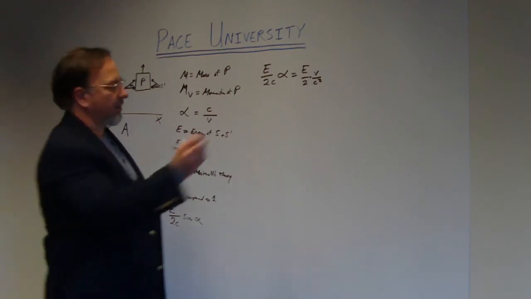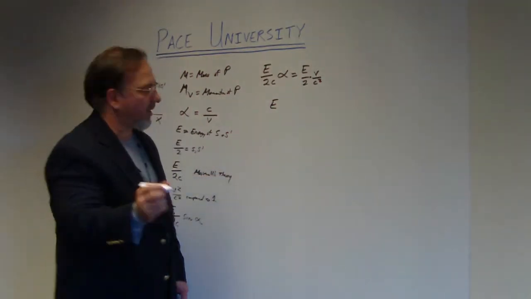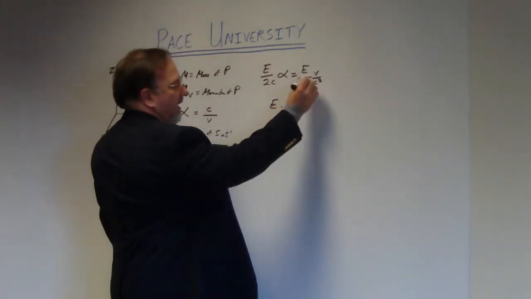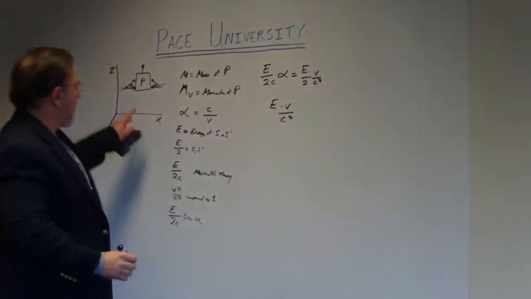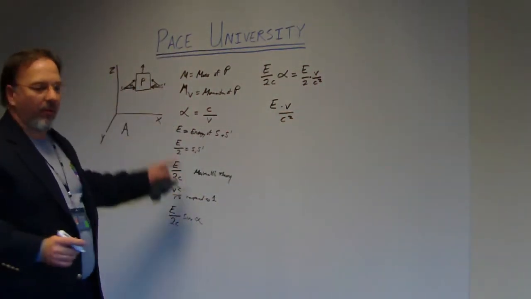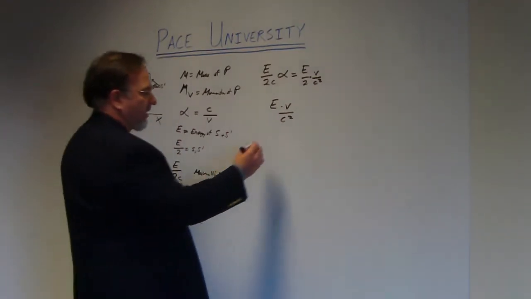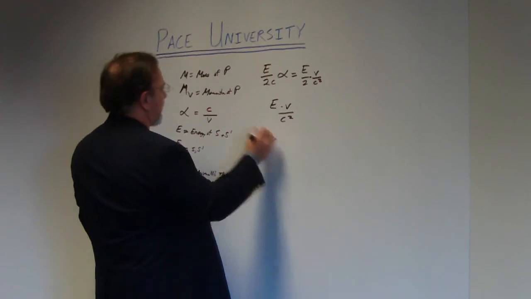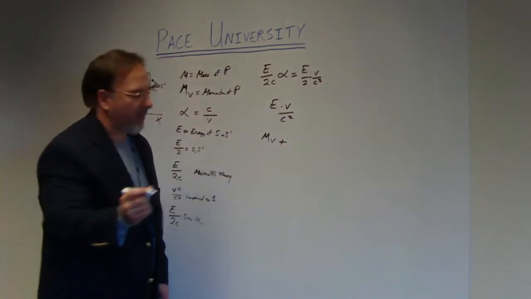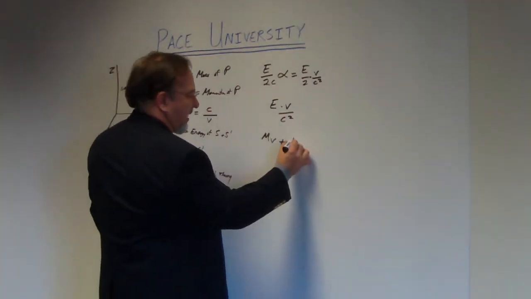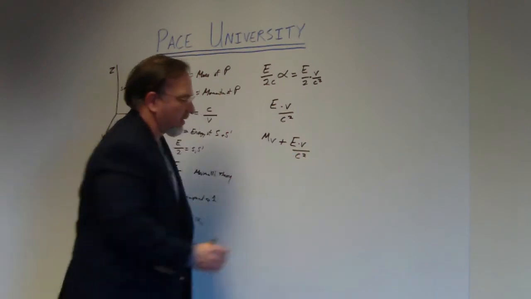Now together, we know that the total momentum of those light energy complexes is E times v over c squared. The total momentum then for this system of mass and energy we know is mv, which is the momentum of P, plus the momentum of those light energy complexes, E times v over c squared.